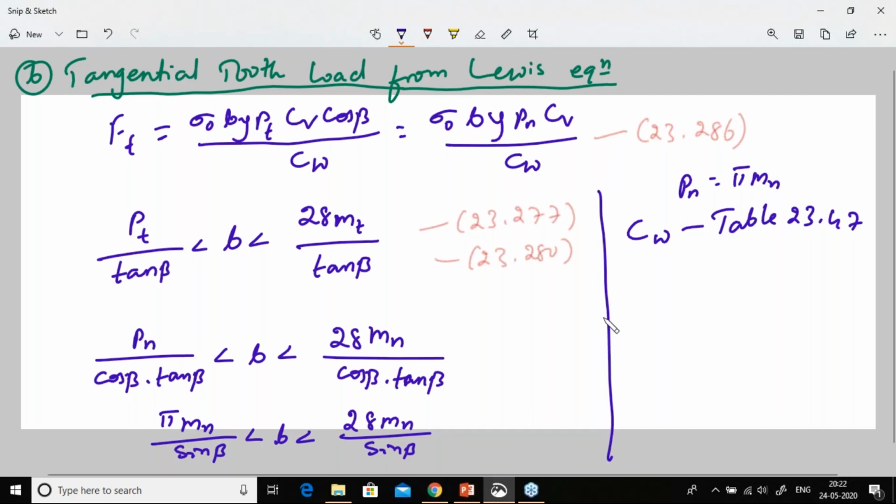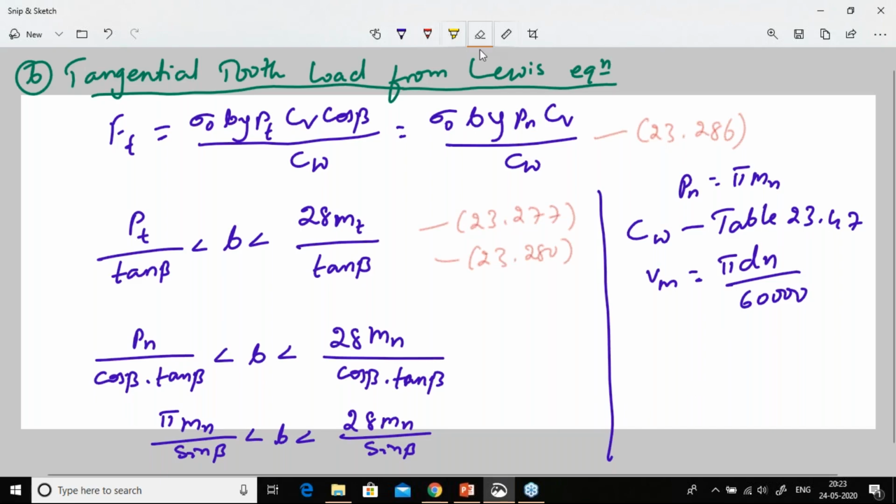That depends upon the mean pitch velocity, that is Vm. So Vm we have to calculate, that is pi d n divided by 60,000. d is the diameter of the weaker member, n is the speed of the weaker member. By calculating this Vm, depending upon the Vm, we have to use the Cv equation. We have three different equations for Cv.